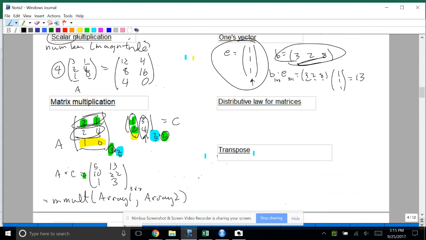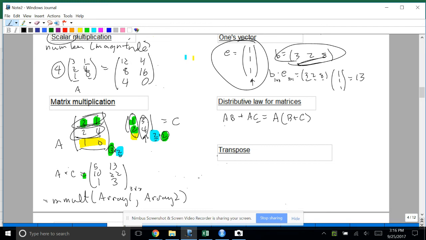All right, so what else do we have? The distributive law in matrices. So let's say we have AB plus AC. Well, we can factor out the A's. And so what we have is A times B plus C, where B and C are appropriately dimensioned.